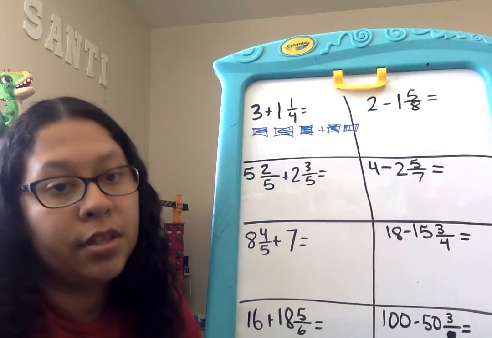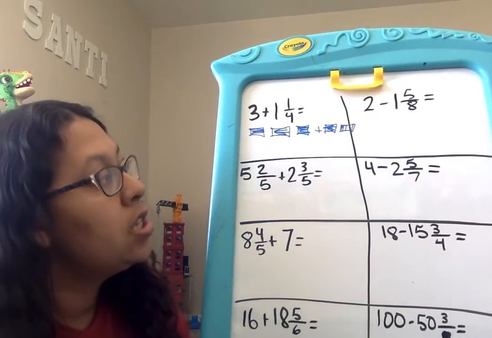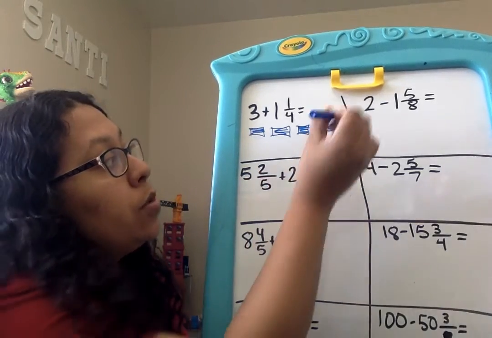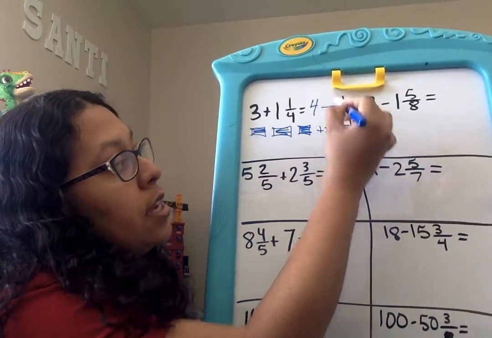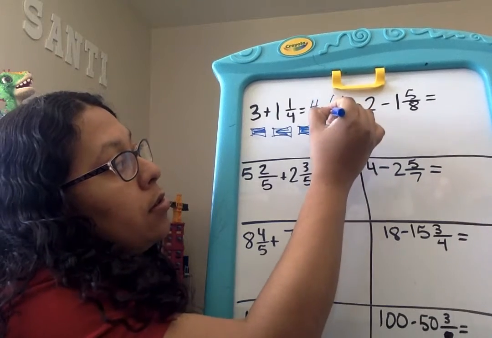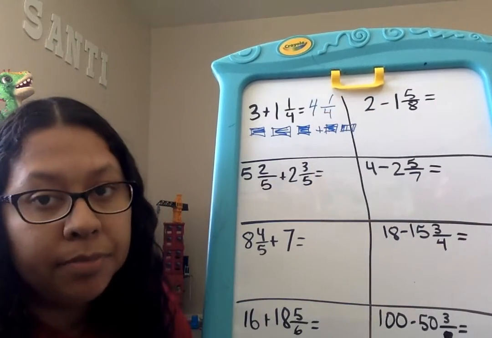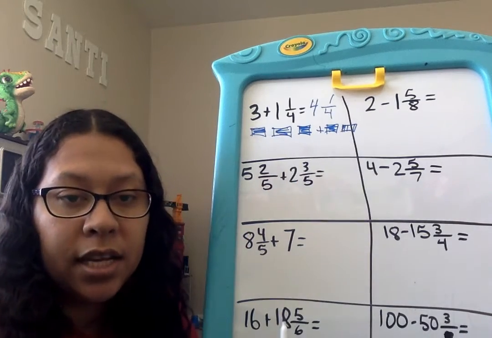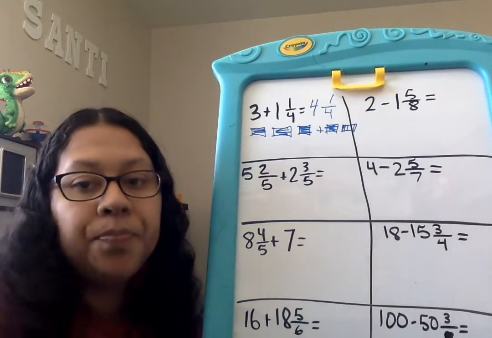Not the whole thing of another second tape diagram. So then all together we have 1, 2, 3, 4 wholes and 1/4. Okay? So first I want to do all on the left side and then all on the right side.